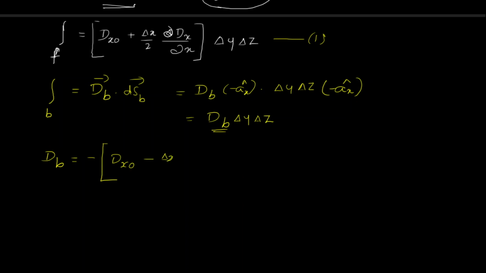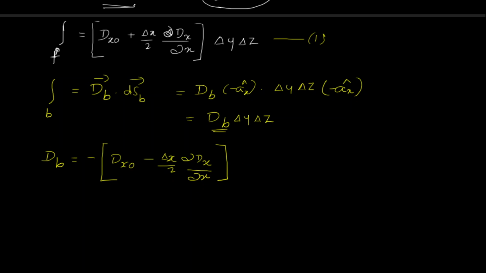So it's the negative of the entire front calculation, as well as the distance measured from point P to the back surface is minus delta x by 2, and its rate of change. So this becomes like this. So I get dB as this.